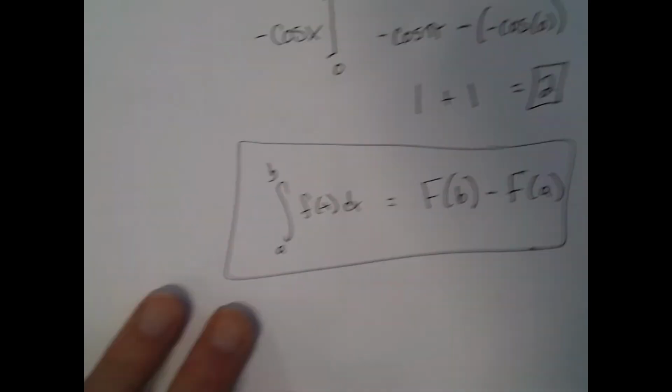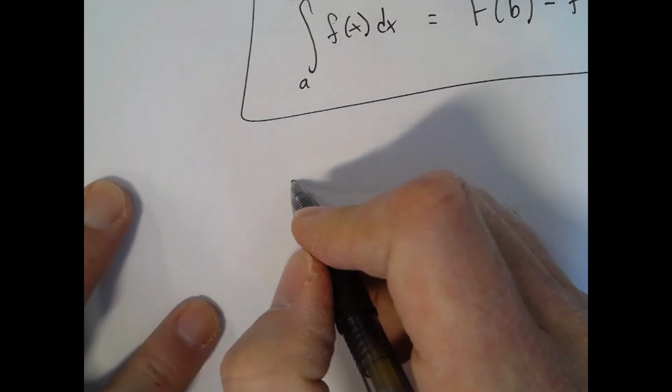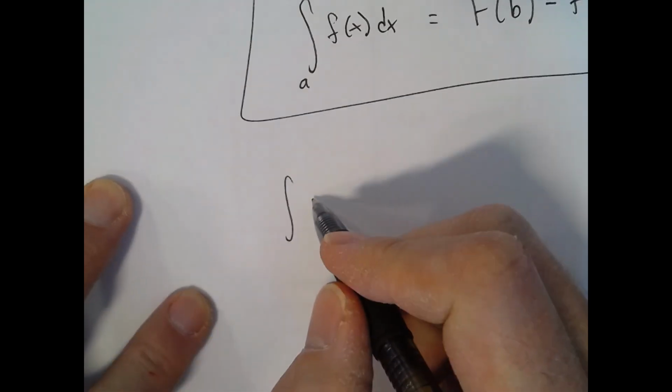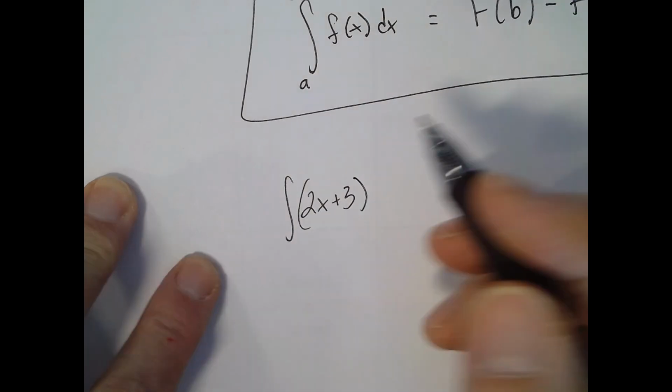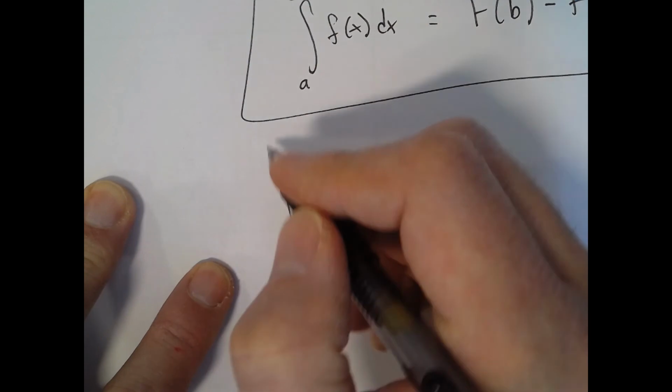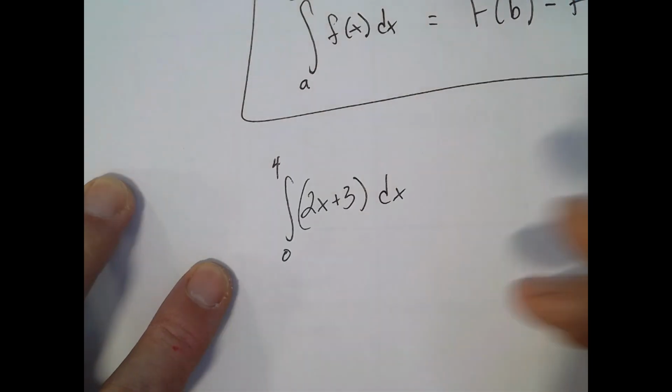All right, why don't you try the integral of 2x plus 3 from 0 to 4 dx. See if you can figure that out.